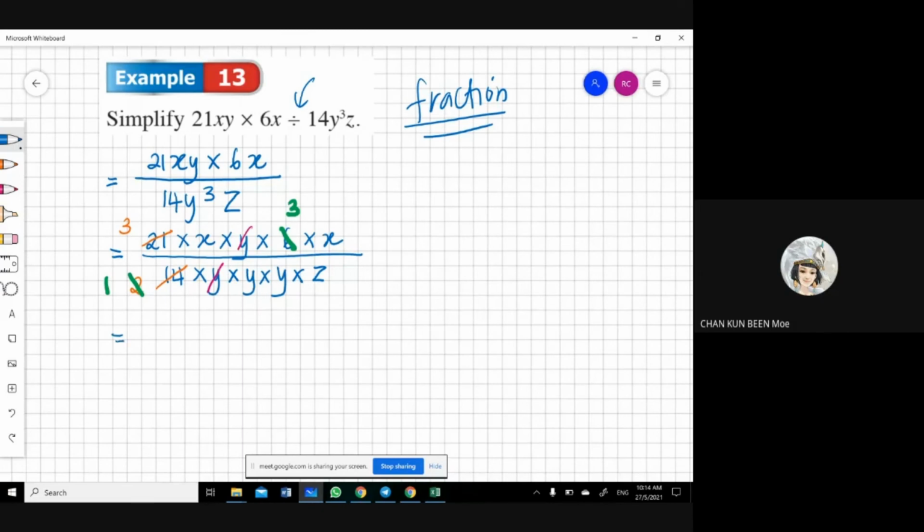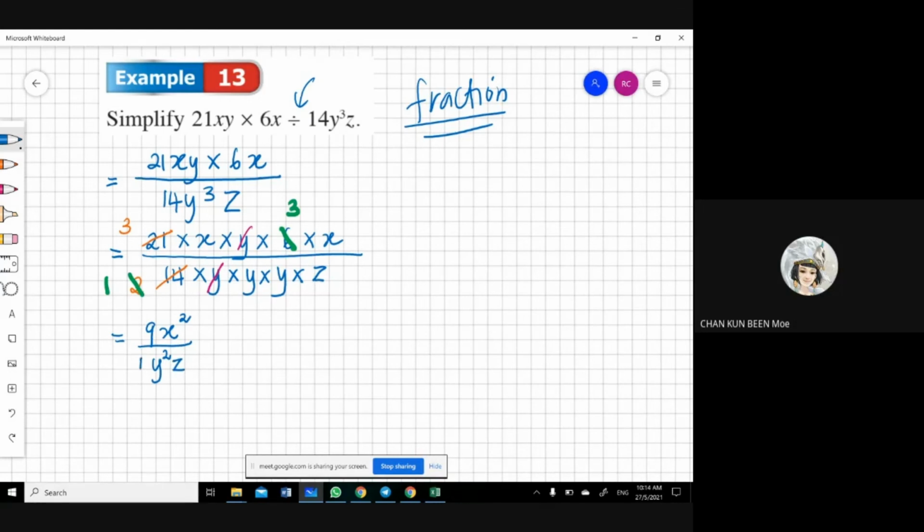I just need to combine everything. 3 times 3 is 9. So x times x equals x squared, over. So 1 multiplied by y times y is y squared, multiplied by z, so it is y squared z.